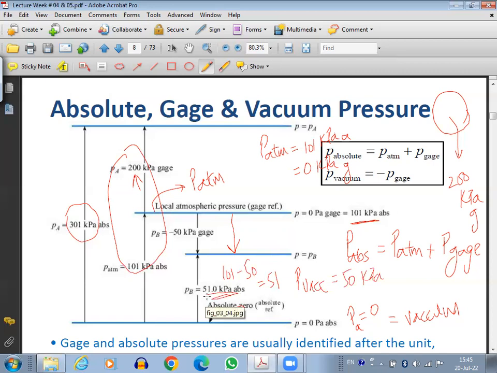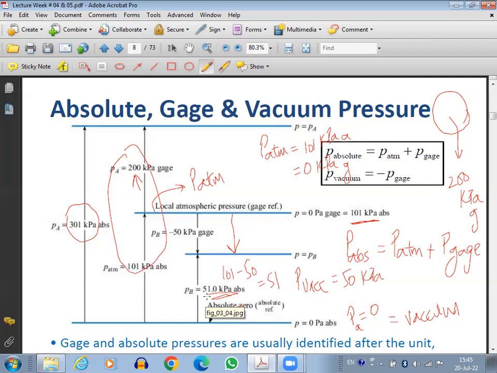So 20 kilopascal vacuum means 20 kilopascal lower than atmosphere, whatever the atmosphere is. 30 kilopascal vacuum means 30 kilopascal lower than atmosphere. 80 kilopascal vacuum means 80 kilopascal lower than atmosphere, whatever the atmosphere is. And you know that the atmospheric pressure varies with elevation.